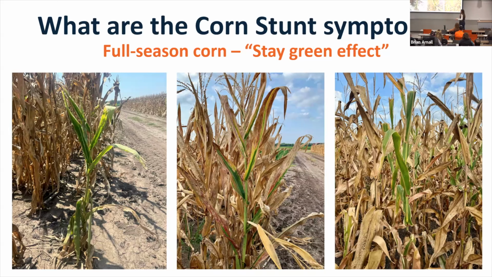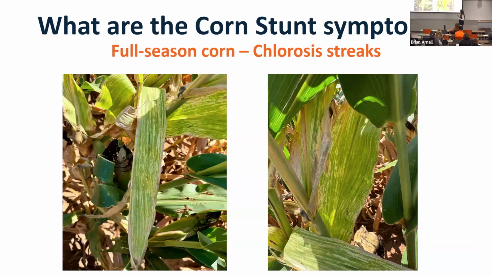Some people say that the pathogens manipulate the growth of the plant. But what we have noticed is that the plant stays green because it never reached the reproductive stages. You can see here that there's no ear being formed in any of these plants. These plants stay green for longer because they never pass the reproductive stage, and so they stay green until the end of the season.